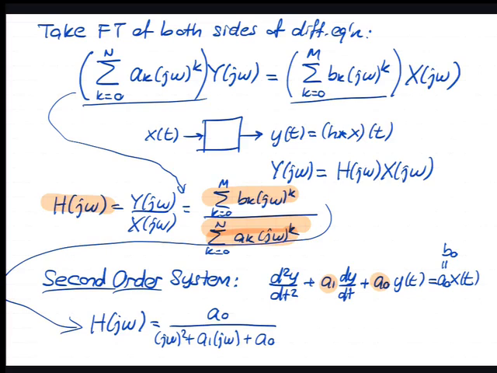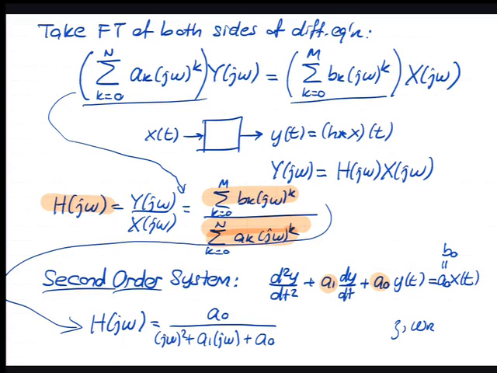Instead of using a0 and a1 as the parameters, they are going to use two other variables, unfortunately Greek letters, xi or zeta, I don't know what it is, and omega n. So they have some physically motivated names. Zeta is sometimes called the damping ratio, and omega n is called the natural frequency. We'll talk about those physical things later.